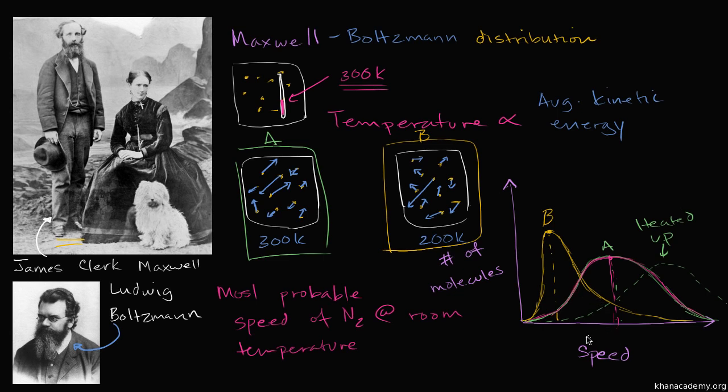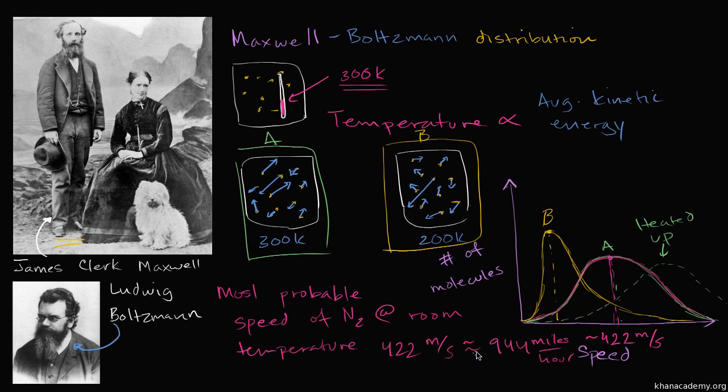It turns out that at 300 Kelvin, it's going to be 422 meters per second. Imagine something traveling 422 meters in a second. And if you're used to thinking in terms of miles per hour, this is approximately 944 miles per hour.